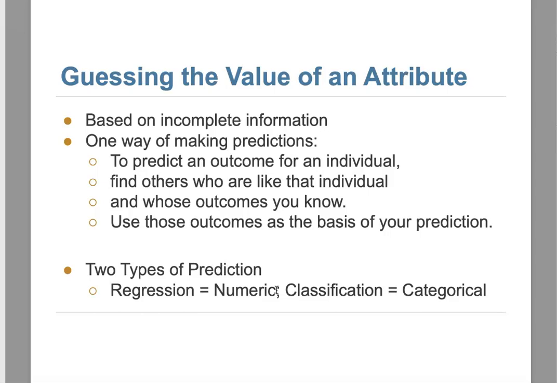But the children's height can have a very big range, right? That's numerical data. But classification prediction will be a little different. Sometimes our category may just be yes or no, or we have some limited categories that we are trying to predict from.